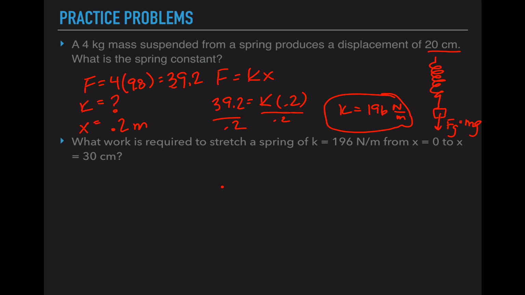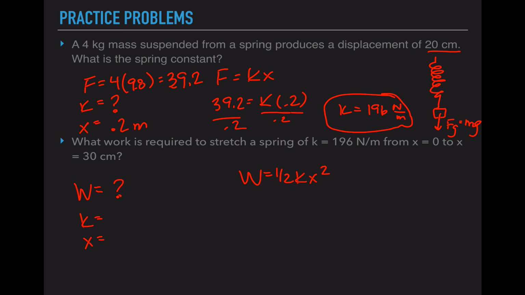The second example problem. What work is required to stretch a spring of 196 newtons per meter from a distance of 0 to a distance of 30 centimeters? So now I'm going to do the work, k, x, and my equation is w equals 1/2 kx squared.